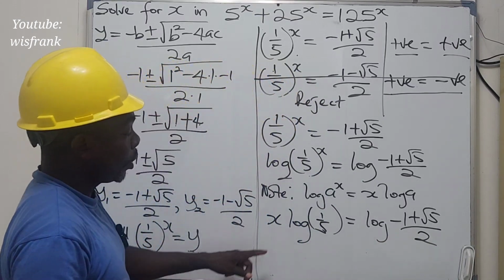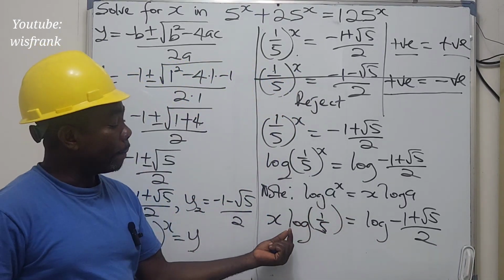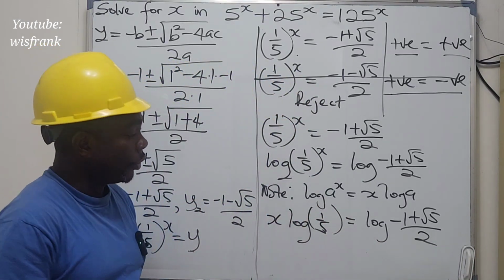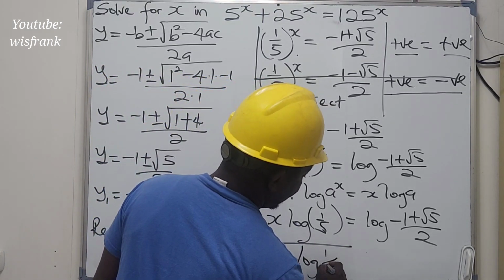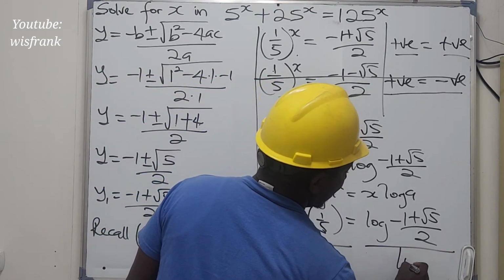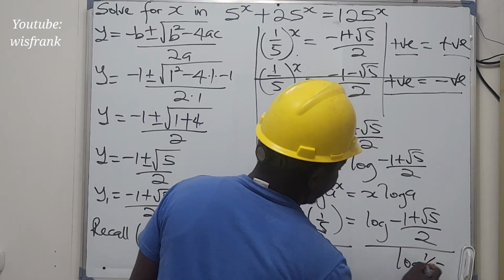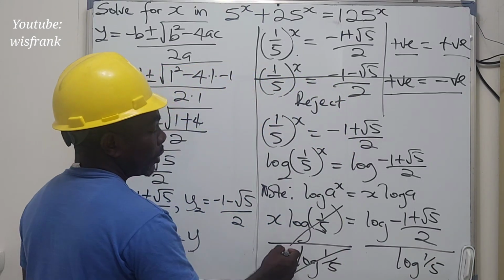So in this case, we can divide both sides by log (1/5). We divide here by log (1/5) and we divide here by log (1/5). This will cancel here and this will cancel here.